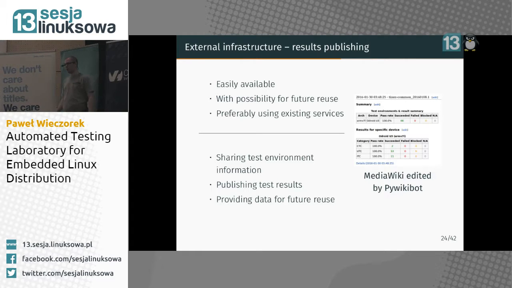We also wanted our test results to be reusable, and we wanted to reuse existing services. Since most of the documentation for Tizen 3.0 lands on our wiki page, which is hosted on MediaWiki service, we decided that it was the right way to go.